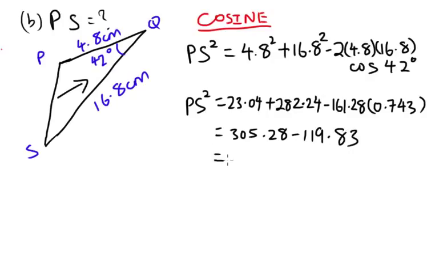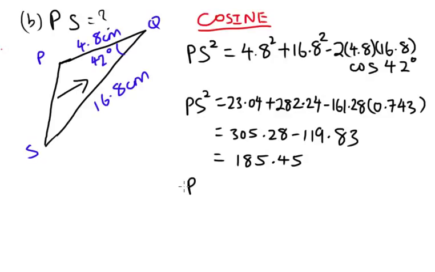So now you can minus it. 305.28 minus 119.83, you get 185.45. Let's double check and see, is it correct? Yeah, that's correct.